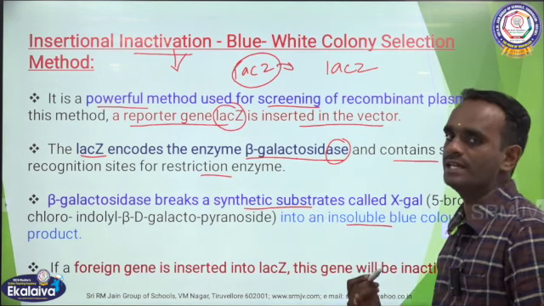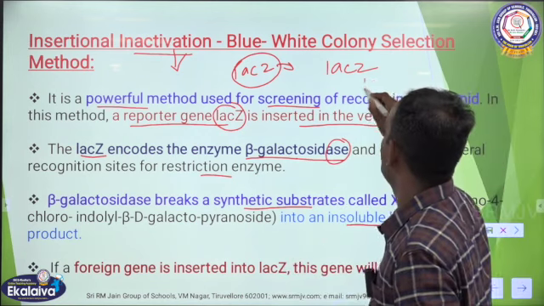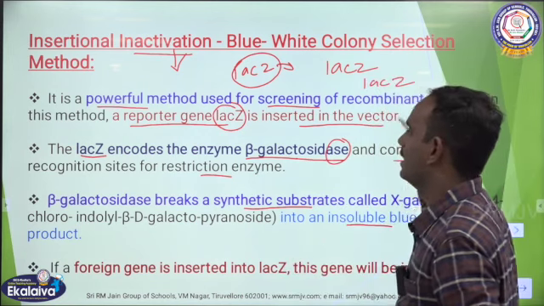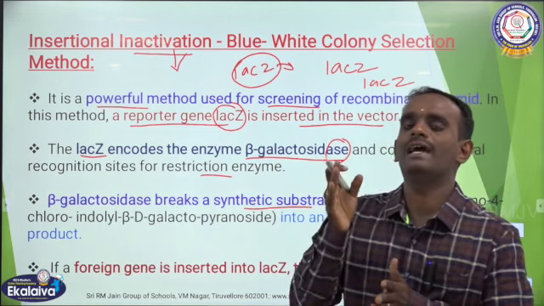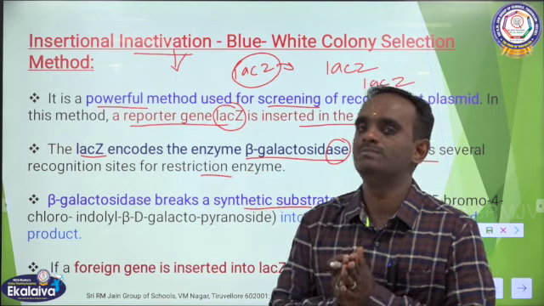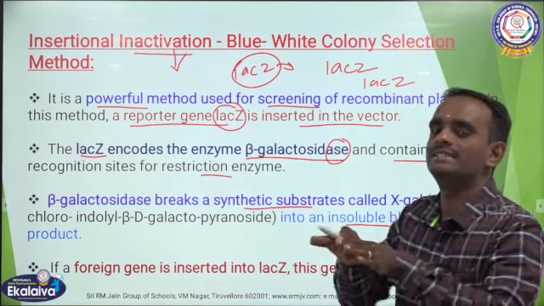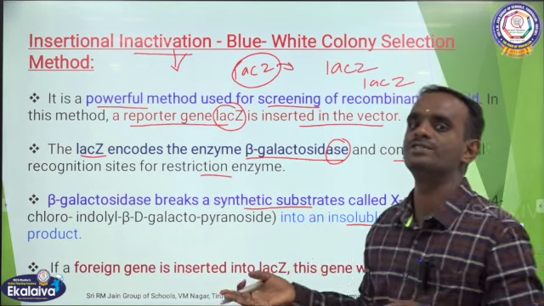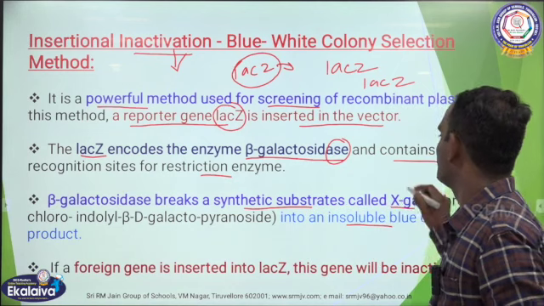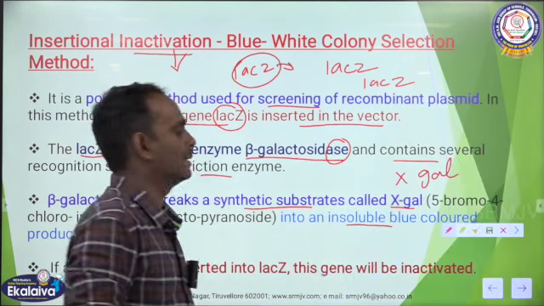Once again I am repeating, the LacZ gene encodes the enzyme beta-galactosidase. This beta-galactosidase breaks the synthetic substrate. Breaks means it splits the substrate called X-gal. So X-gal is the substrate.